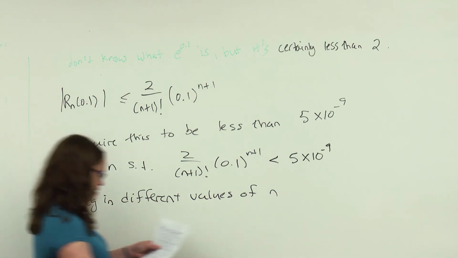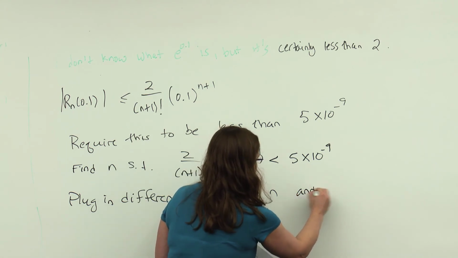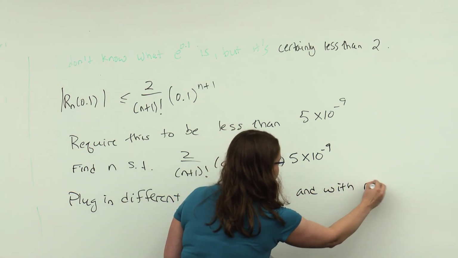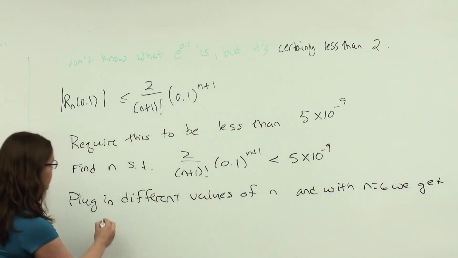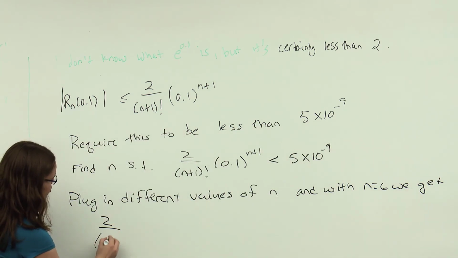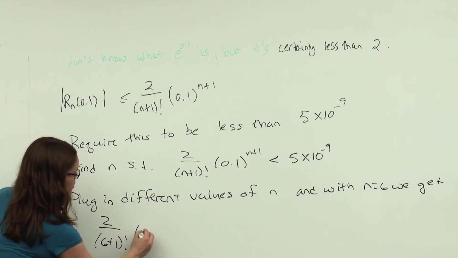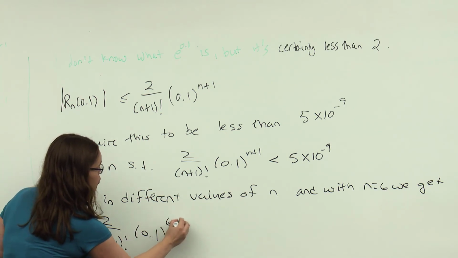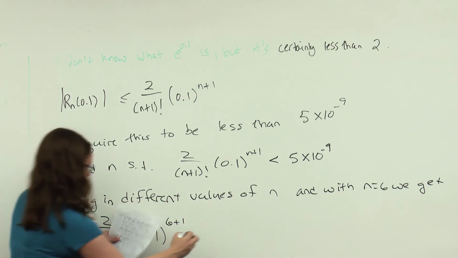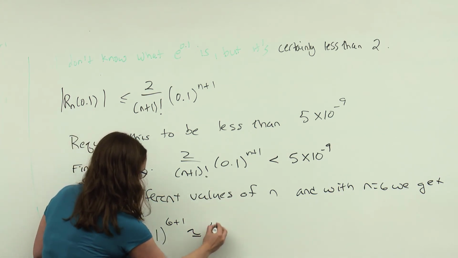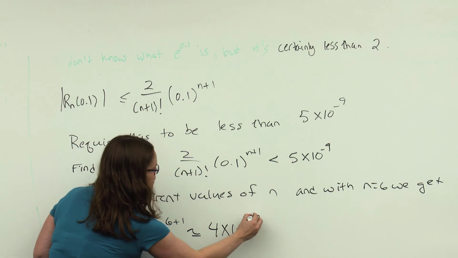And we should find, with n equals 6, we get 2 over 6 plus 1 factorial, times 0.1 to the 6 plus 1, should be in the neighborhood of 4 times 10 to the minus 10.